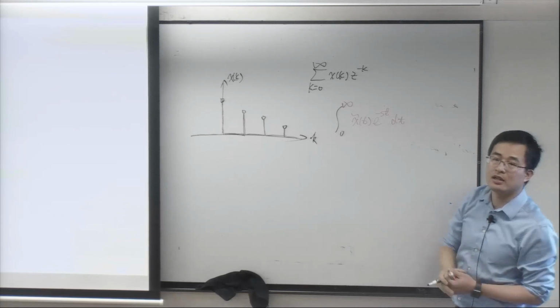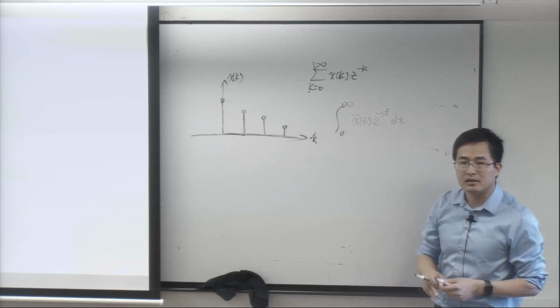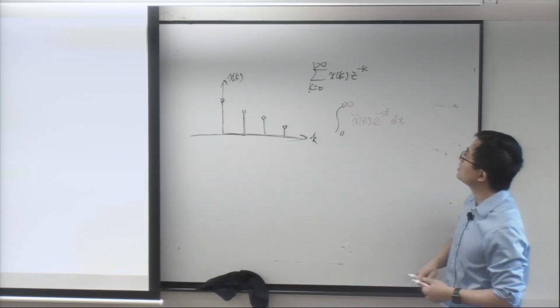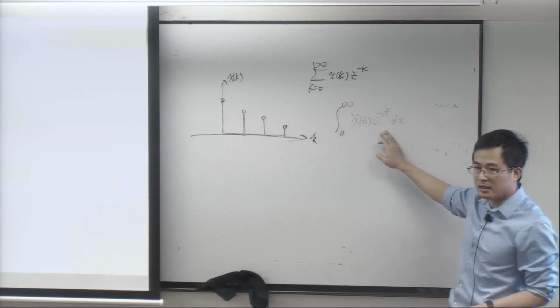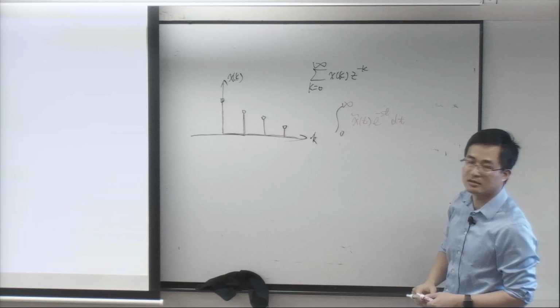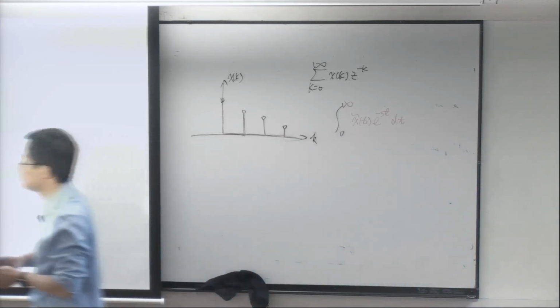They are actually connected, but that will happen when we talk about sampling discrete time signals. That's a good observation. So z is actually related to e to the s in the future. It's a good observation.